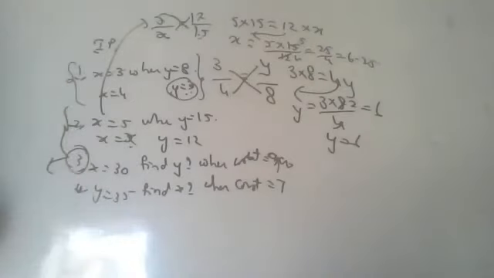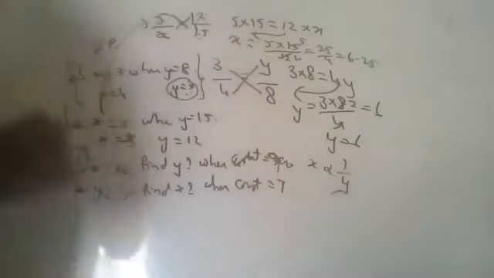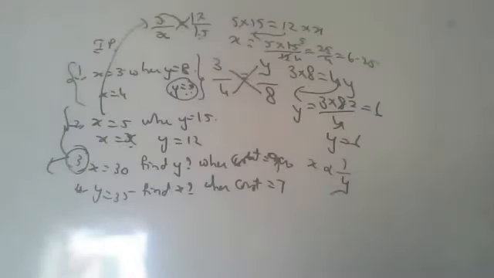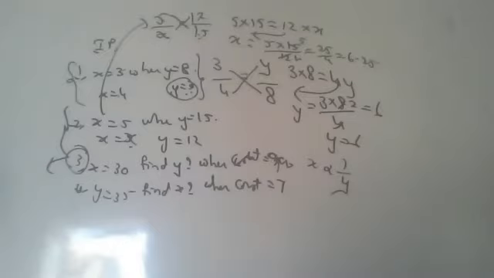X is equal to 30. Find y when constant is 900. X is constant, so inverse. What is the constant equal to, sir? 900.